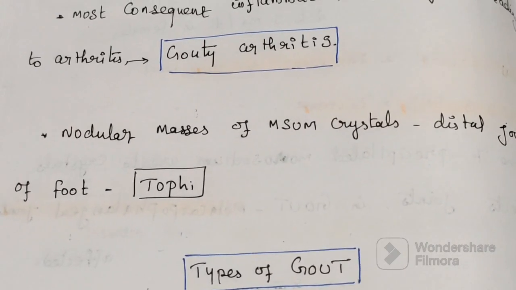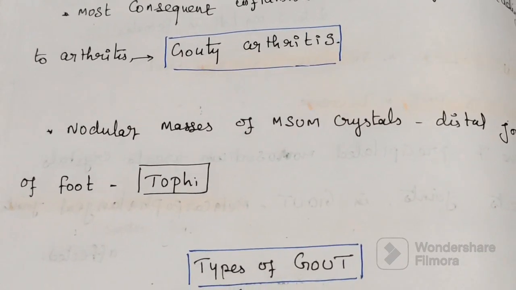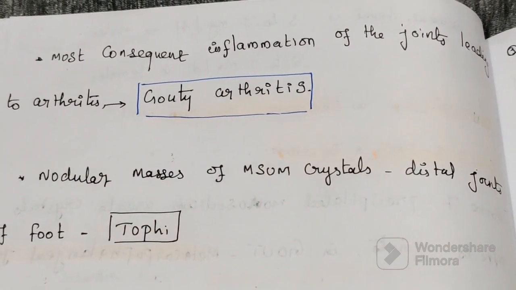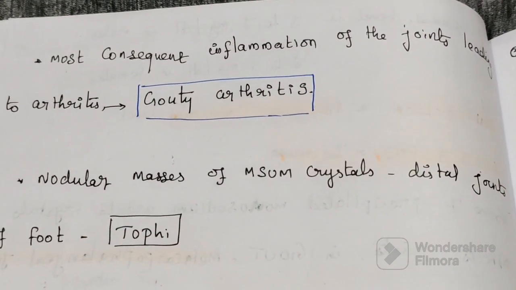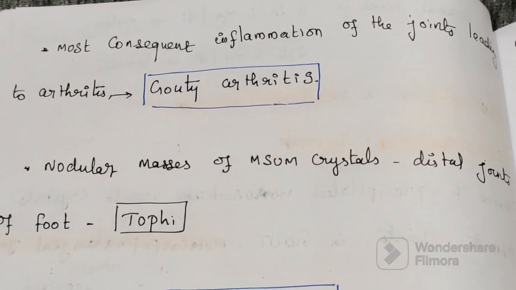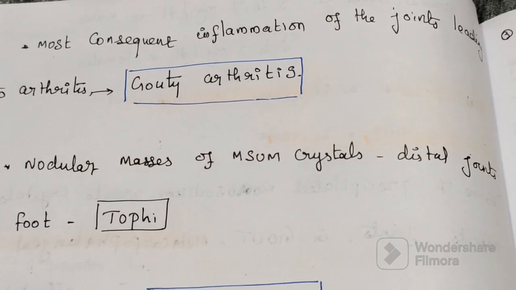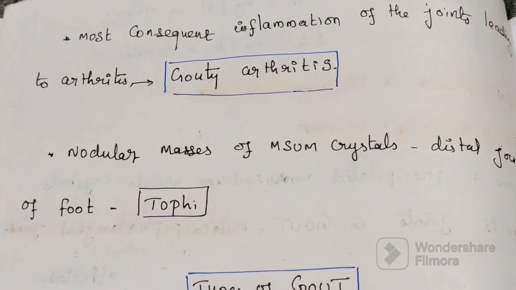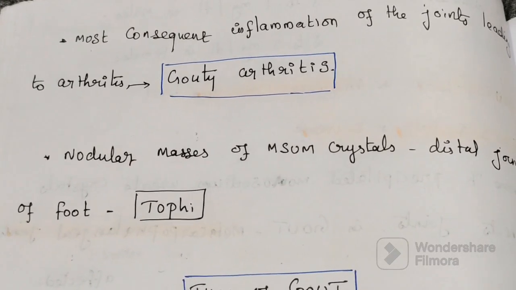These are characteristic of gout. So the most common consequence, inflammation in the joint, is called gouty arthritis, and nodular masses of crystals in a distal joint of the foot are known as tophi. These are characteristic of gout.